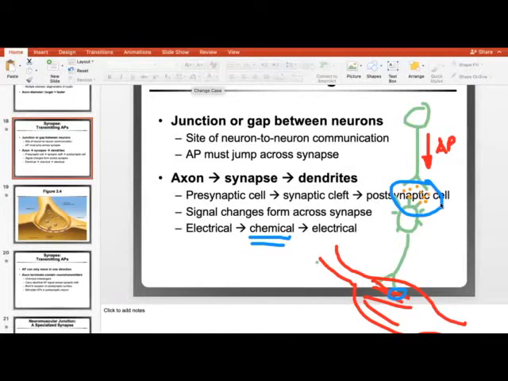Once the postsynaptic cells receive the transmitters, there's going to be another electrical change. So the signal goes from this chemical signal, boom, back to an electrical signal. So there are these changes from electrical to chemical, electrical to chemical.